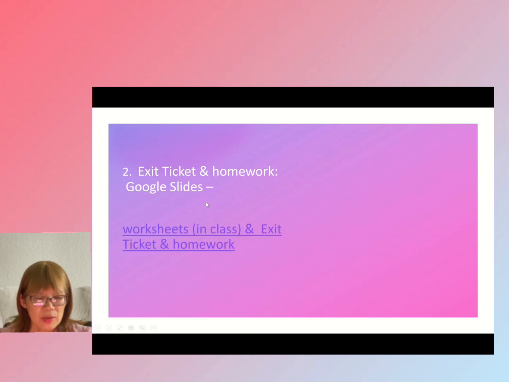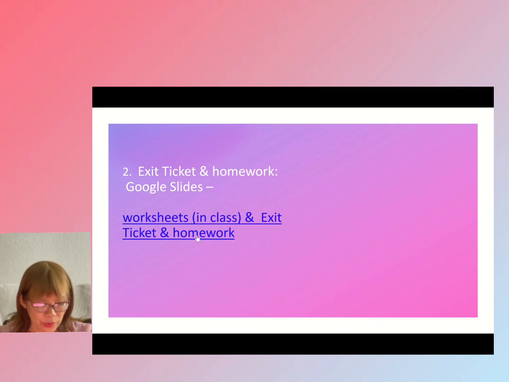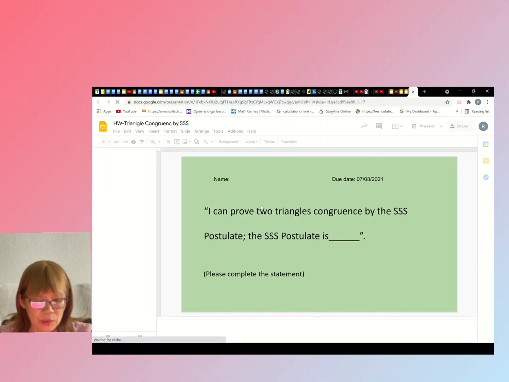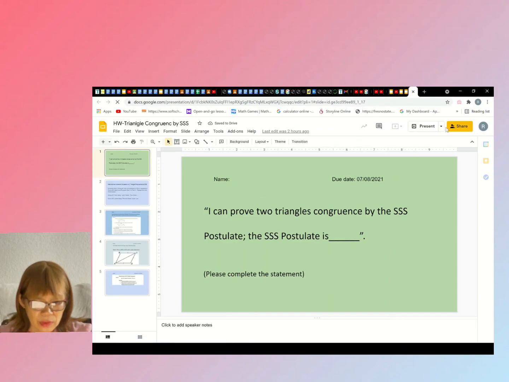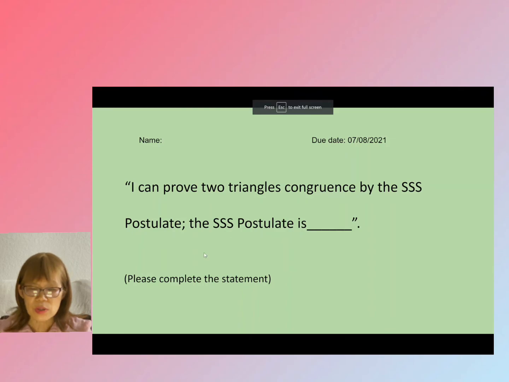Okay, we're going to close the lesson, and you will have an exit ticket and homework. Let's very quickly go to the Google slide, and the exit ticket you see here.